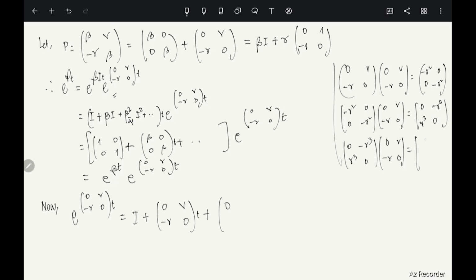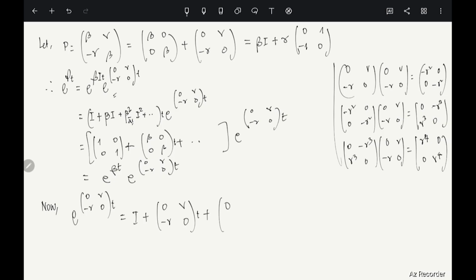If we multiply it, you are going to get gamma power 4, 0, 0, gamma power 4. This is what we are getting.